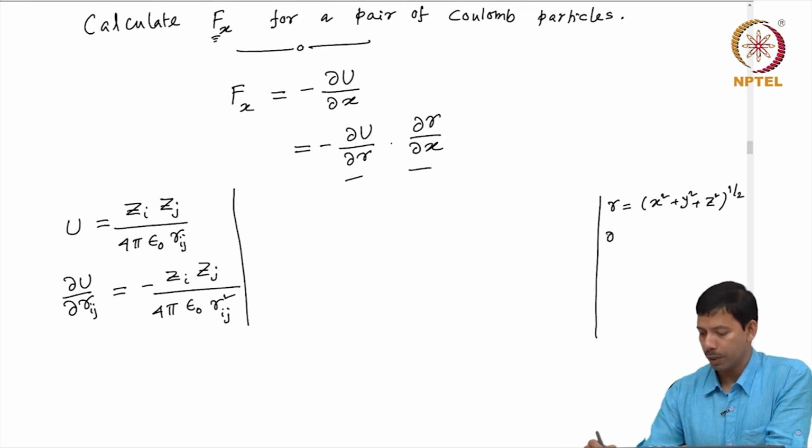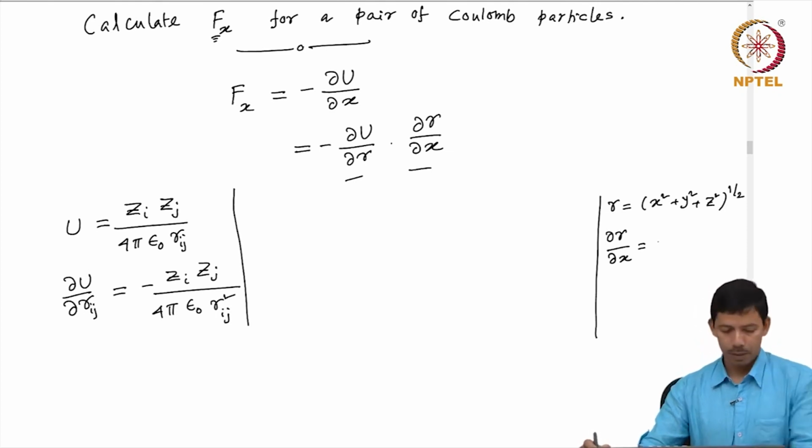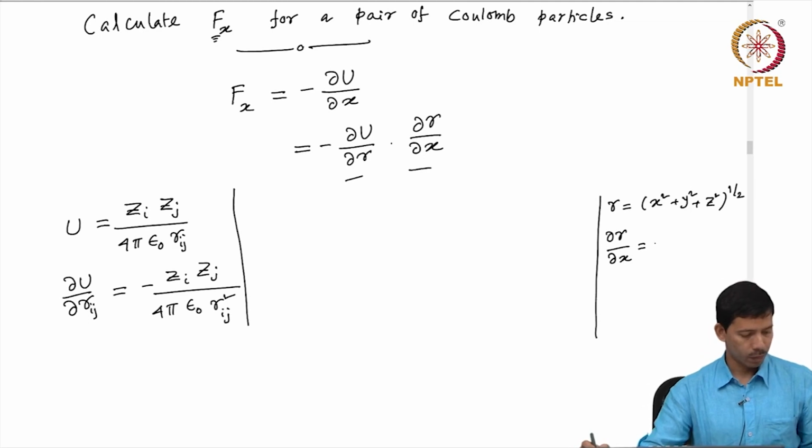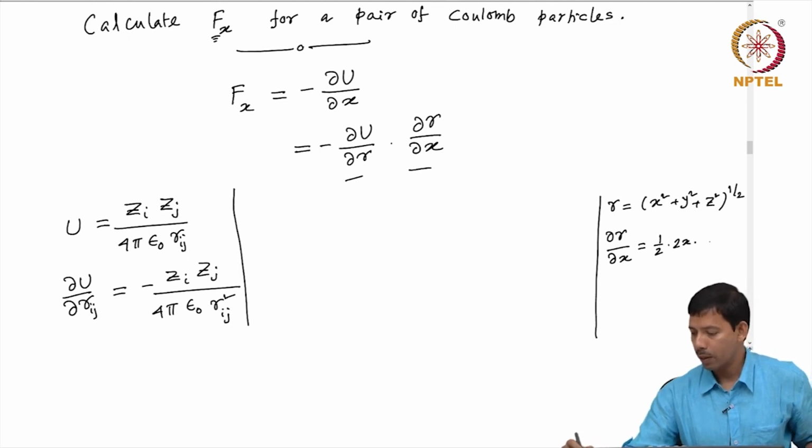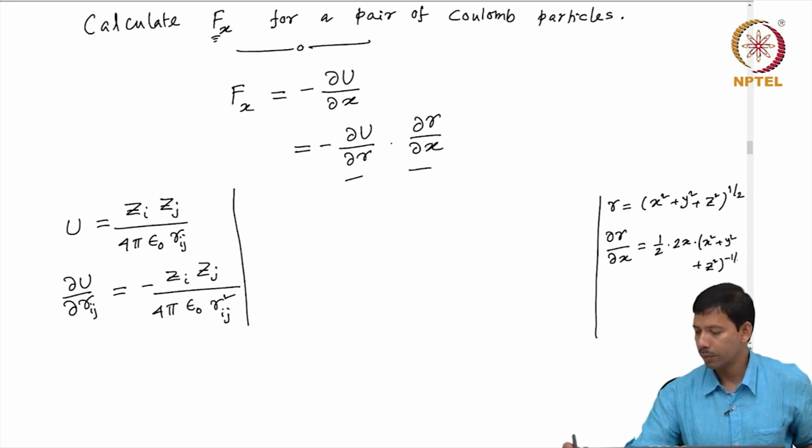Therefore, my del r del x would be half times 2x times x square plus y square plus z square to the power minus half.